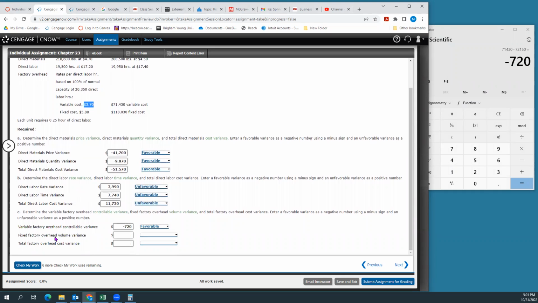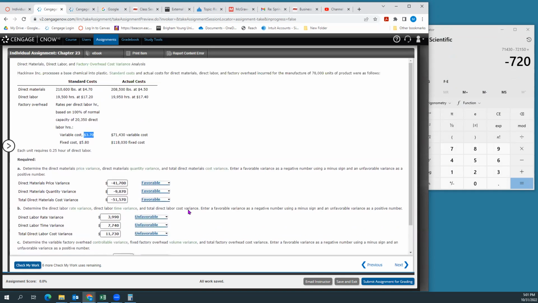So same idea with fixed factory overhead volume variance. Okay. Again, we're going to look at our normal capacity. This is kind of like we did on problem 10. Okay. So our normal capacity at 100%, we'll figure that out somewhere in here, of 20,350. So they actually figured out this fixed cost for us of $5.80.